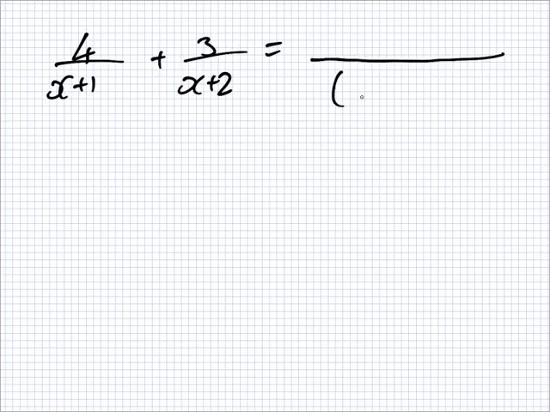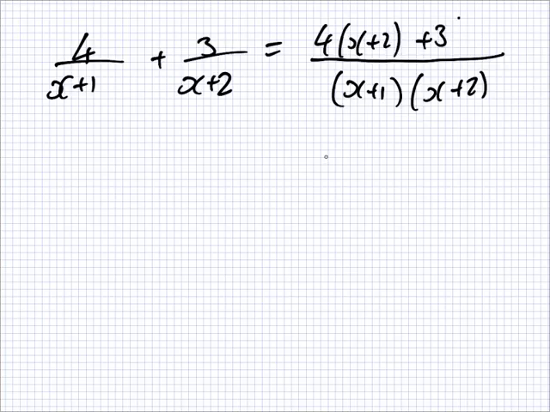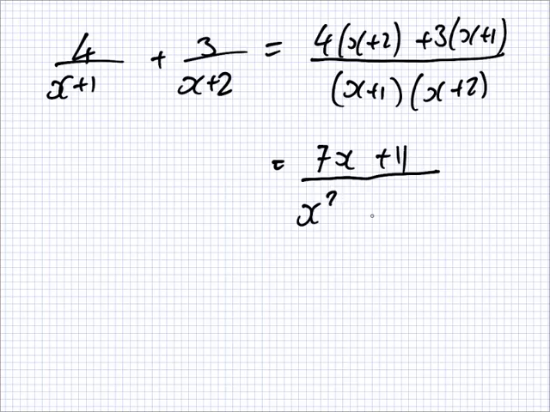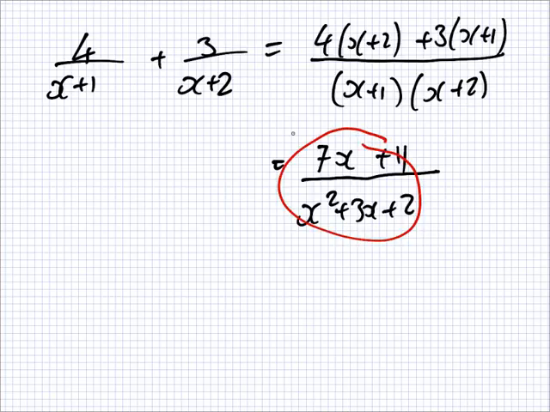On the bottom you would get x plus 1 times x plus 2, and on the top you would get 4 times x plus 2 plus 3 times x plus 1. So on the top that'd be 7x plus 11, and then on the bottom we have x squared plus 3x plus 2. So what we want to learn today is how can we start here and go backwards.